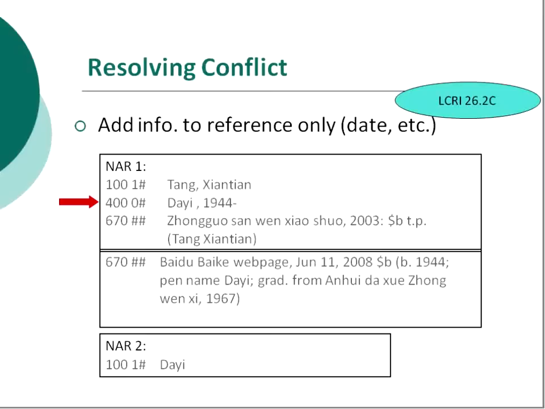So in this case, we do not need to change the heading in the 100 for name authority number 1. All we need to do is to add the date to the reference field where it is in conflict with the authority number 2 in its heading form. So this is another rule that you want to keep in mind about adding information to the reference only.